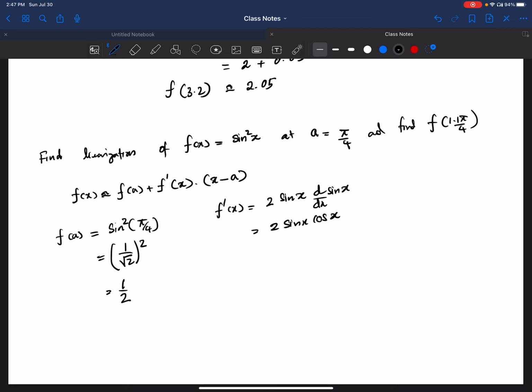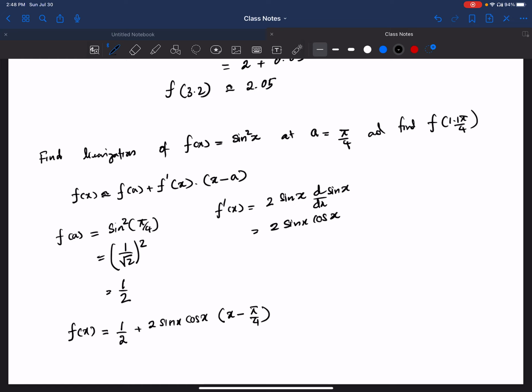And then I can find the linearized function: f of x is equal to f of a, which is half, plus f prime, that is 2 sine x cosine x, times x minus pi over 4.